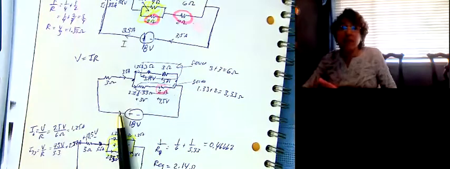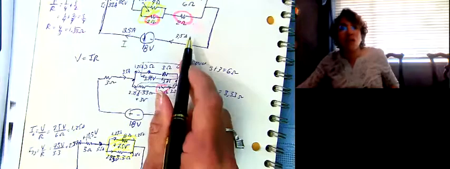We know exactly how much current is going through there: 2.25 amps, and the voltage across it was 4.5 volts. So that answered that one.